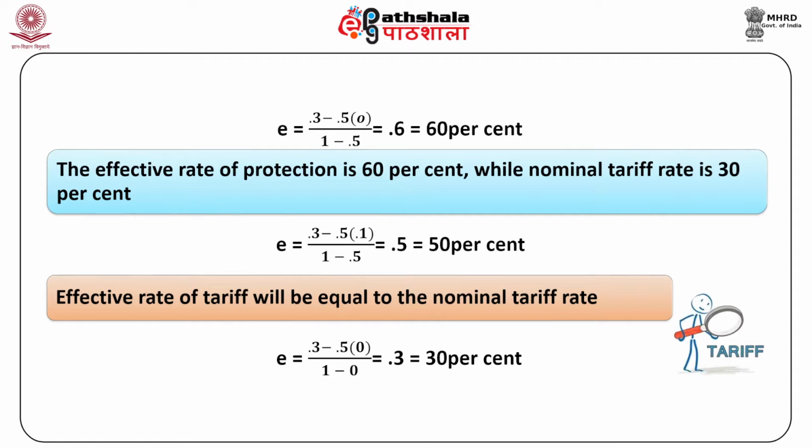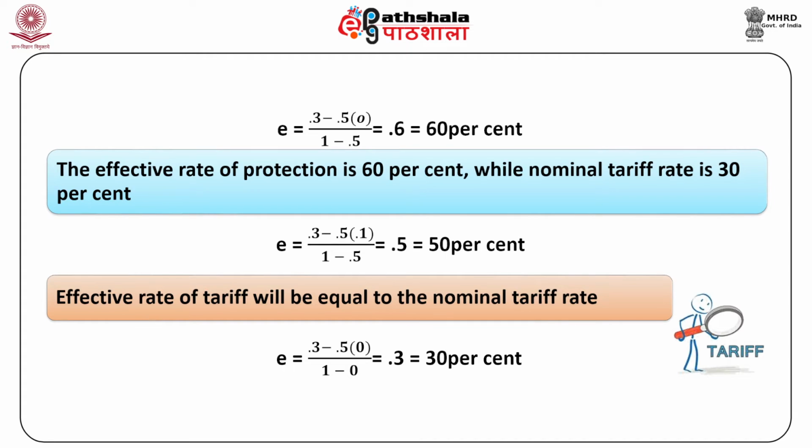Now suppose a tariff of 10% is imposed on imported inputs. Then the effective protection will be E = (0.3 − 0.5 × 0.1) / (1 − 0.5), which will be equal to 0.5 or 50%. If α is 0, that is, all the inputs are indigenously produced and no imported inputs are used in production, then the effective rate of tariff will be equal to the nominal tariff rate.